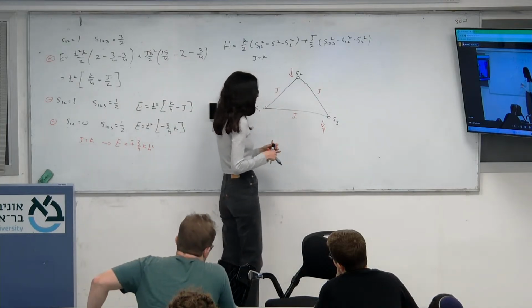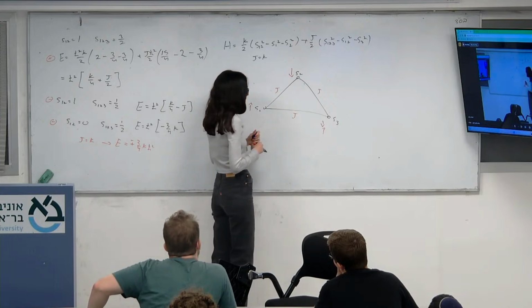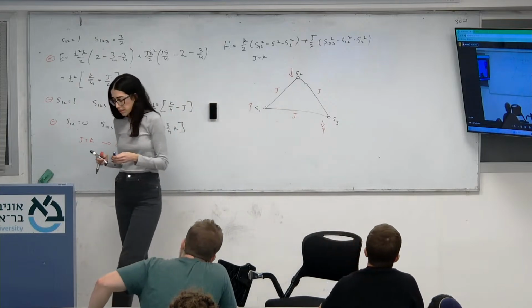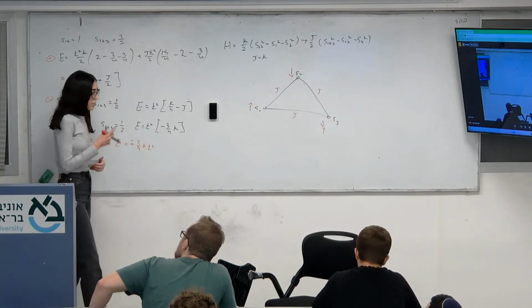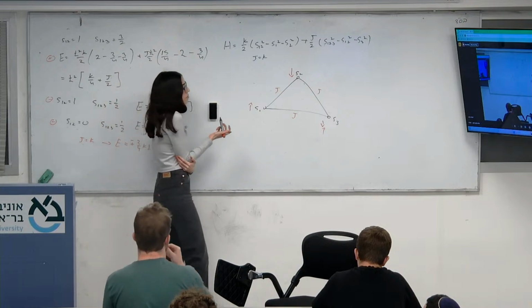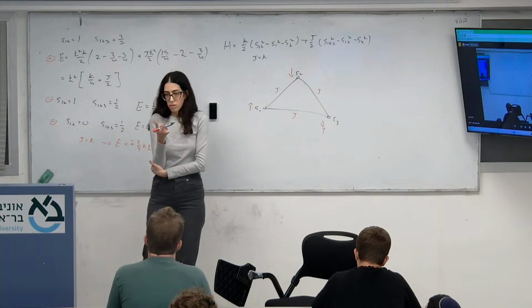That thing is called a frustrated system, and it can happen usually in the case where you have an antiferromagnet, or if you have a mixed coupling.